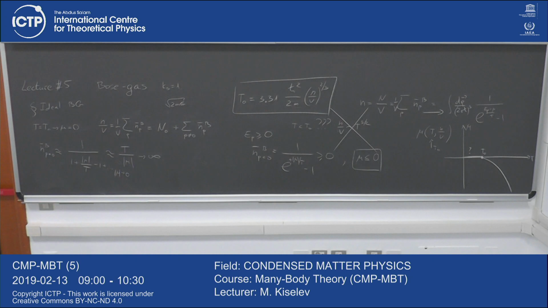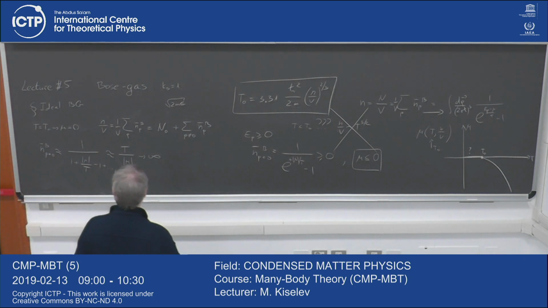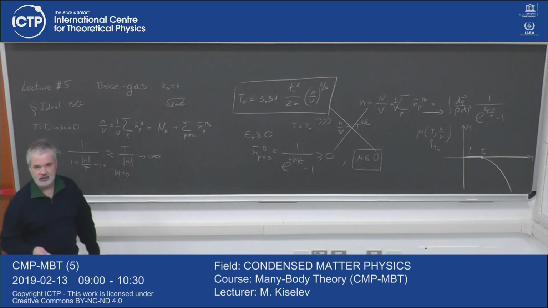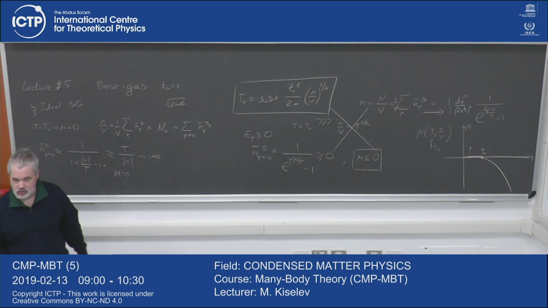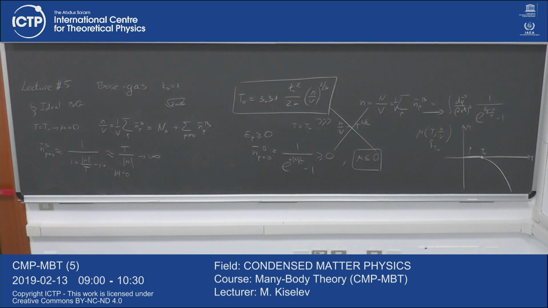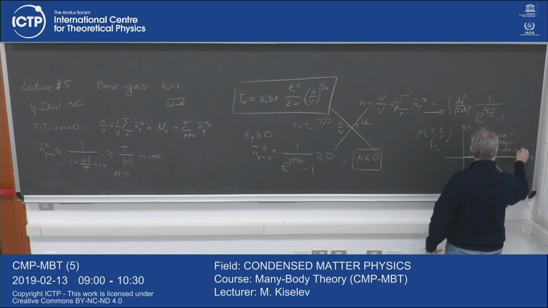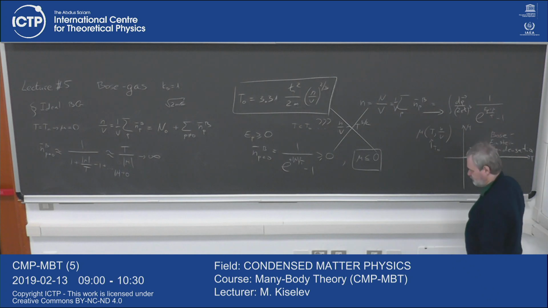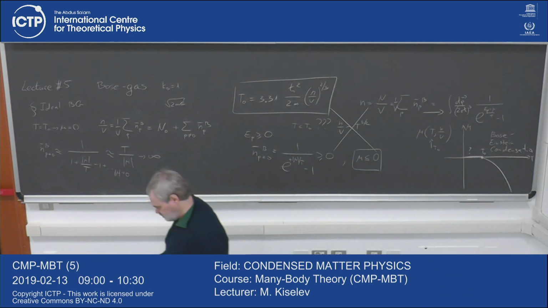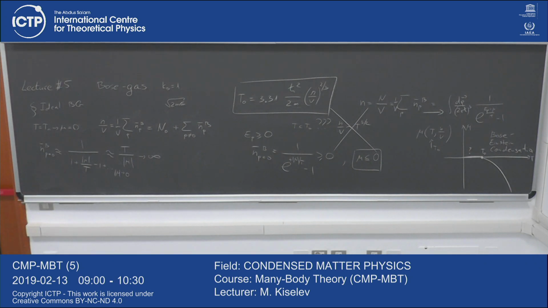So what then happens below temperature T_0 is that there exists a macroscopic number of bosons occupying the lowest energy state. And this phenomenon is called Bose-Einstein condensation, or BEC, with the abbreviation originating from the first letters of B, Bose, E, Einstein, and C, condensate. In the literature, the acronym is BEC.